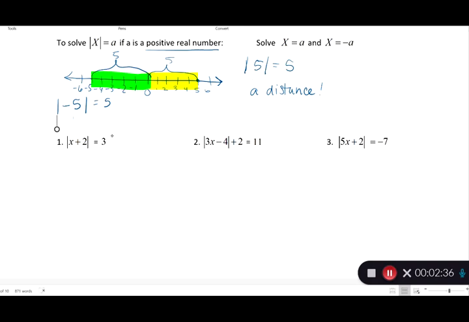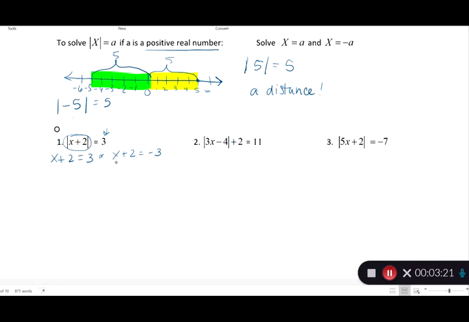So x plus 2 can equal 3, but x plus 2 can also equal -3, because if it's the absolute value of x plus 2, there are two numbers that will give me the answer of 3. 3 is 3 units from zero, and also -3 is 3 units. So please make sure you're comfortable with this definition of what it means to be an absolute value. It can be either of these two answers.